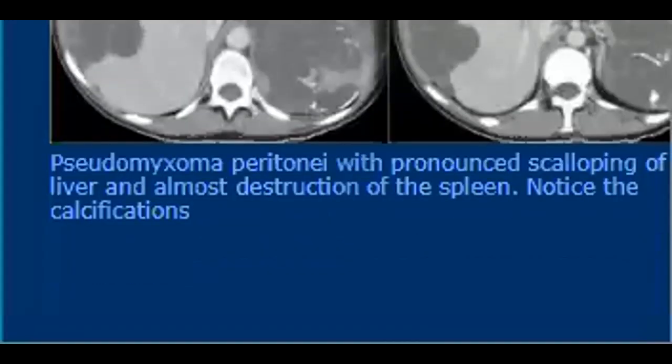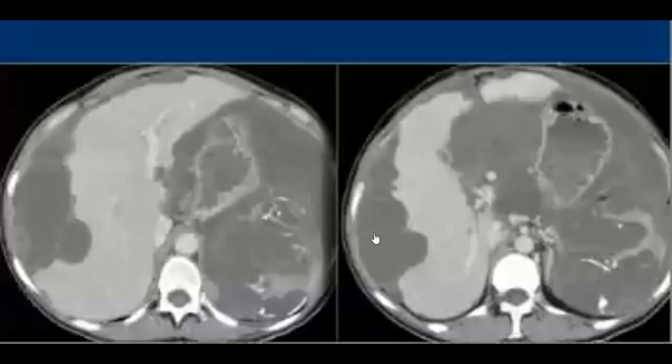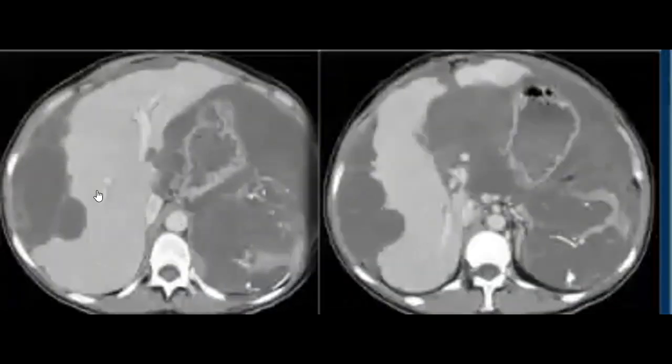Is easy one. This one was very typical in the exam with the scalloping of the liver. Again with mucinous material. So it is pseudomyxoma peritonei.